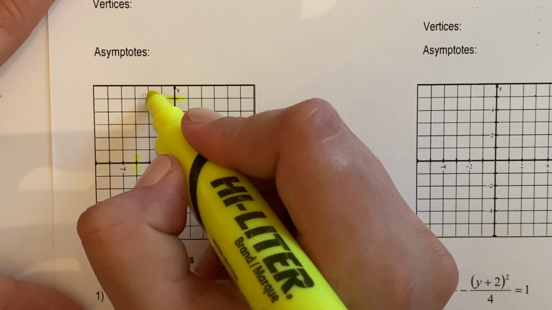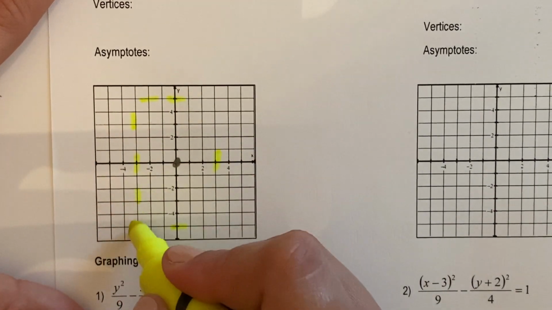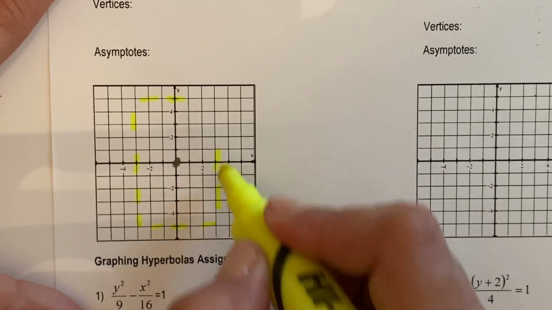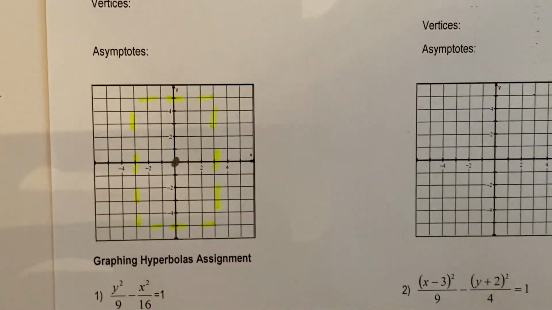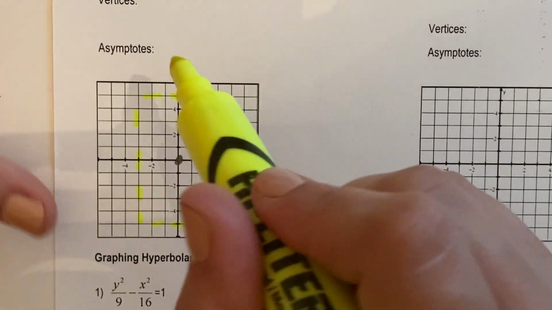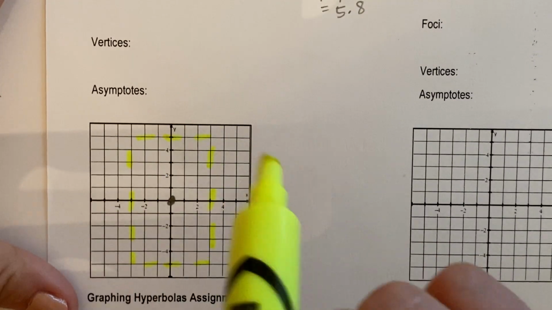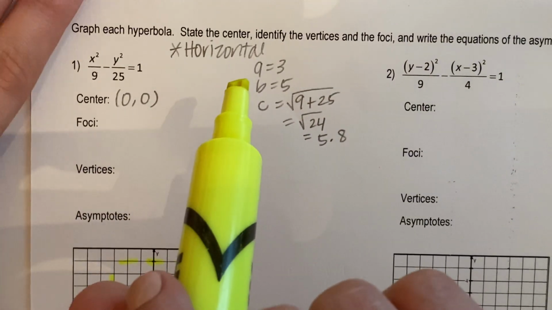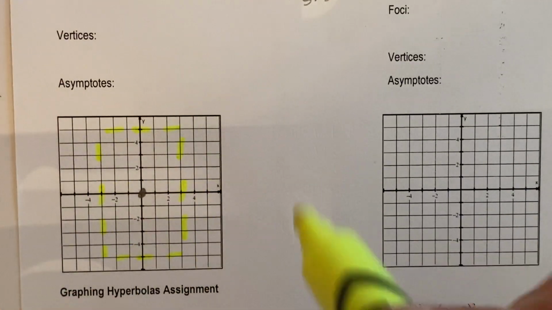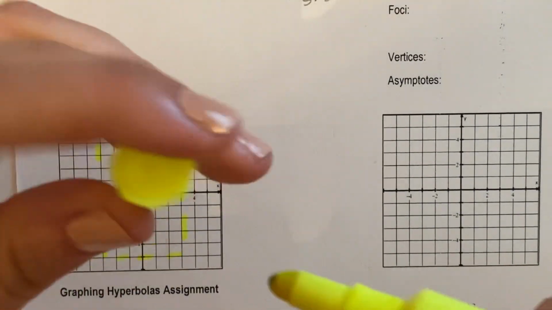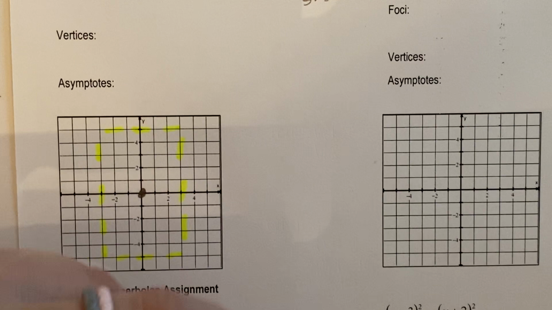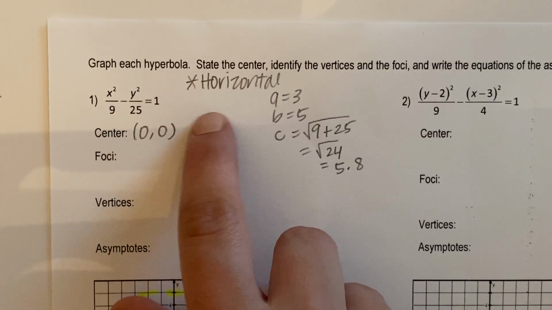And I'm going to draw my box. A lot of people get confused when they're doing this because this box is vertical, but my hyperbola is horizontal. This box has nothing to do with the equation necessarily. This is just an imaginary box that we draw to help us graph. So don't freak yourself out if your box is vertical or horizontal, because this just means where I draw my parabola things.